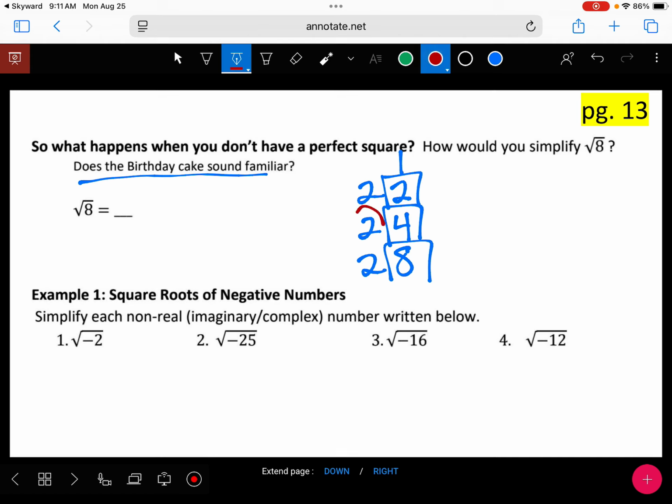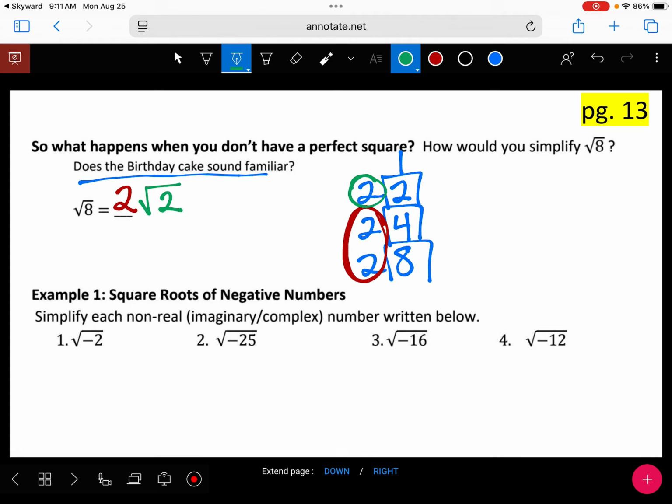I'm looking for a pair, so I have a pair of 2s, which is why that 2 can come out. It's free because it has a friend. This 2 does not, so it has to stay. So my answer would be 2 root 2.